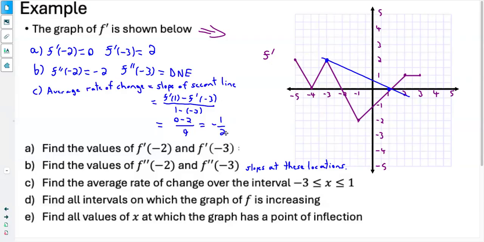Okay, we want to find all intervals on which our graph of f is increasing. Now we know that it's increasing if our f prime is greater than 0.